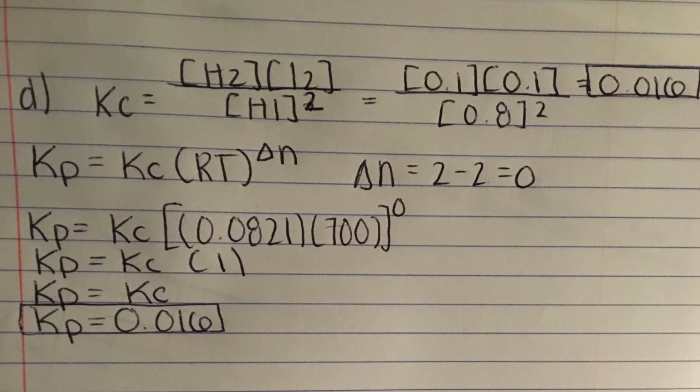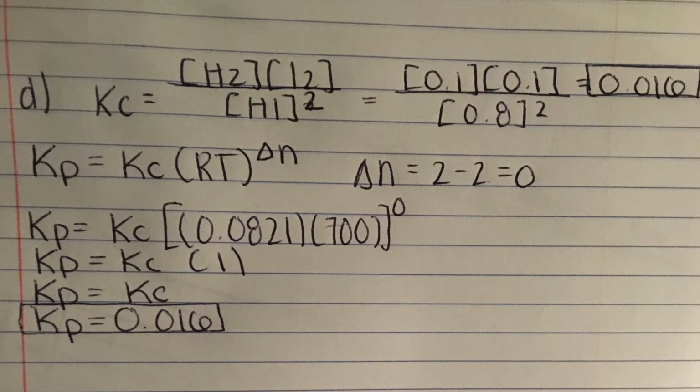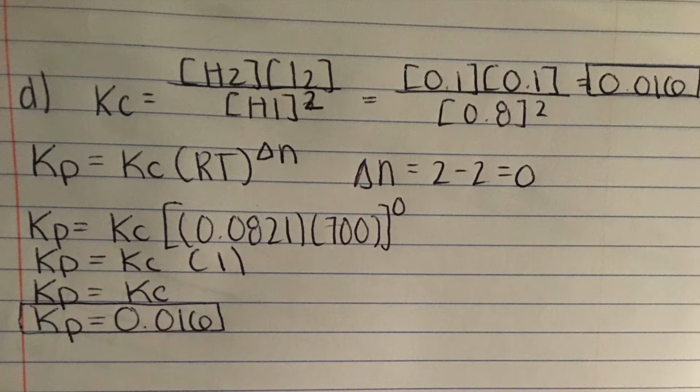So Kp equals Kc times the gas constant R, 0.0821, times 700, the temperature in Kelvin, to the 0 power. So Kp equals Kc times 1, since anything to the 0 power is just 1. So Kp equals Kc, and since Kc equals 0.016, Kp also equals 0.016.